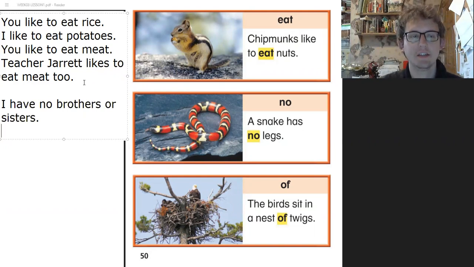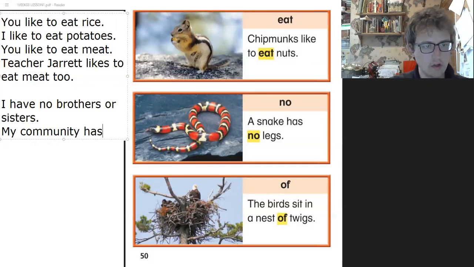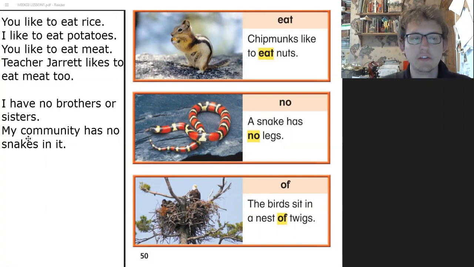Oh, that is a good idea. My team has no snakes in it. Oh, very good. So you say your community has no snakes in it. A snake has no legs, but your community has no snakes.